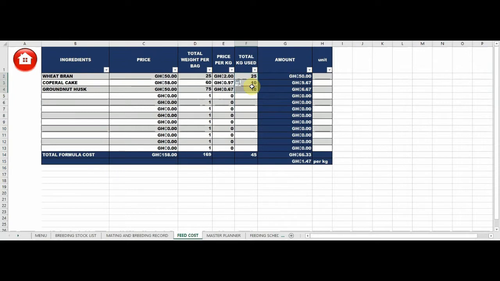But if you are using a complete commercial feed, let me just clean this. You have to keep these figures at 0, so that you don't get that division error that I had.